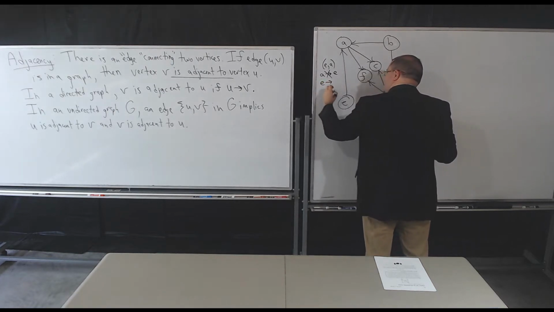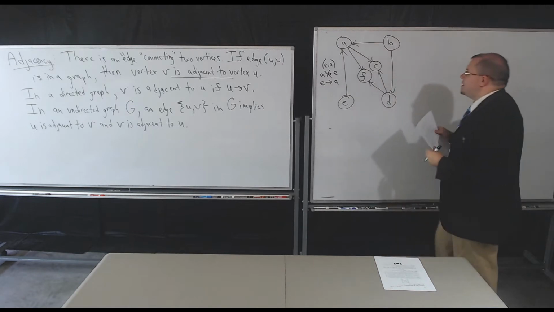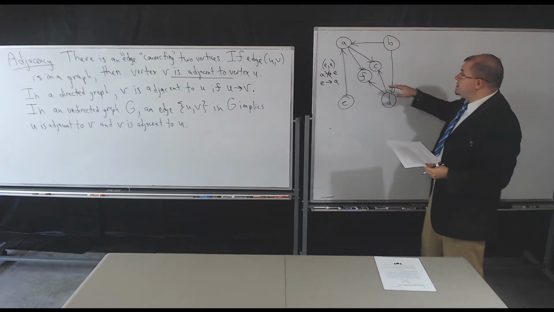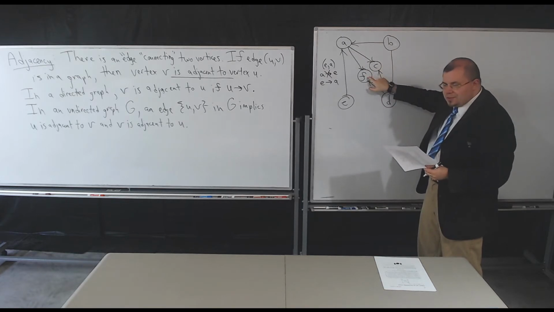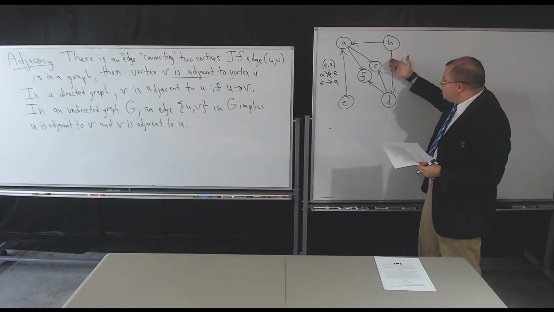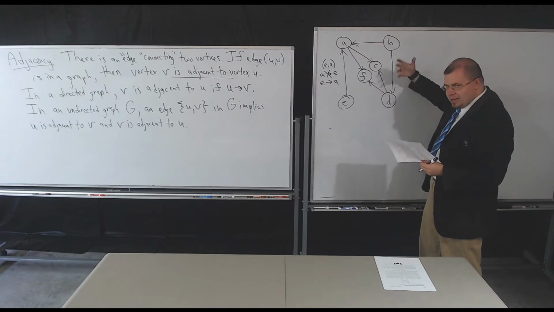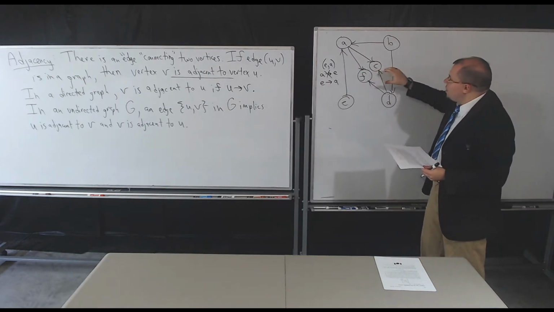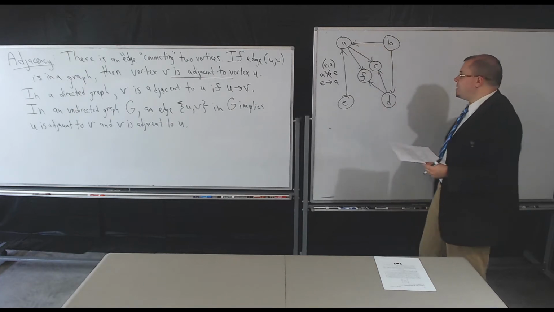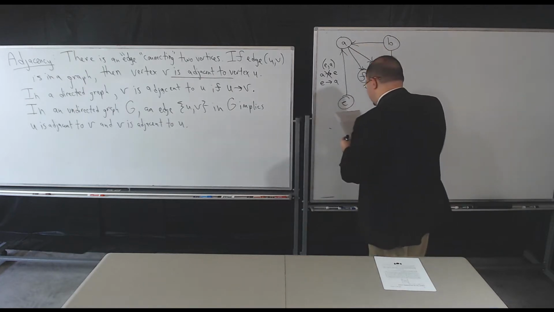However, there's an edge from E to A. Okay? So which ones are adjacent to A? So which directed edges? C and F. So you could say that edges, or arcs, or directed edges, I should be more precise, directed edges C and F are adjacent to A. Okay? So that's really all adjacency is.